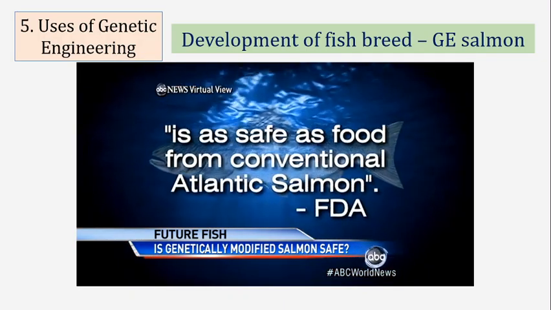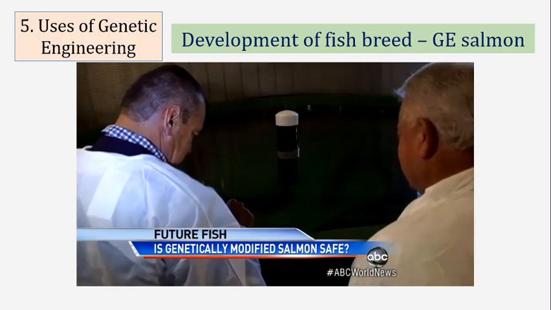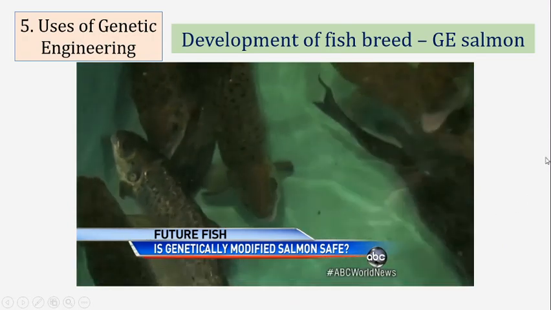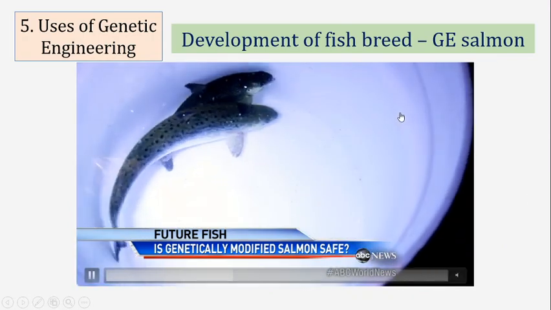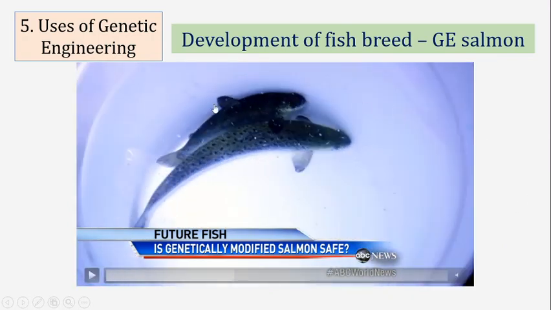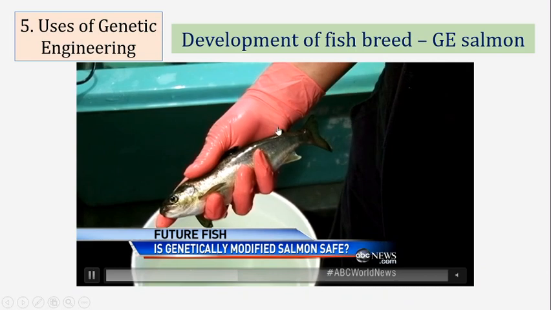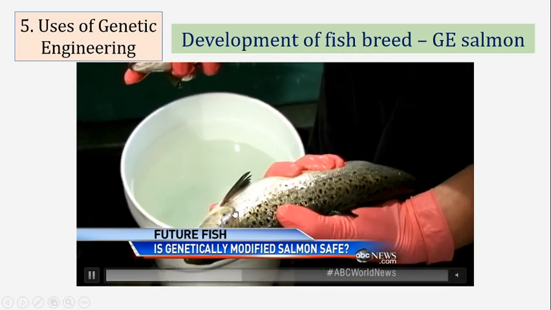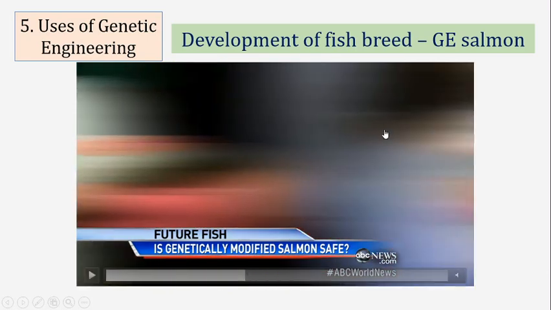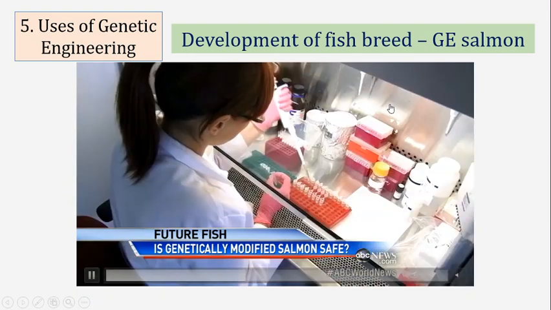And here you see that there are two fishes. The upper one is the normal breed of salmon fish, and the bottom one, larger in size, is the genetically engineered salmon fish, almost twice the size of the normal breed. That is the normal fish, and that is the genetically engineered salmon fish of the same age.